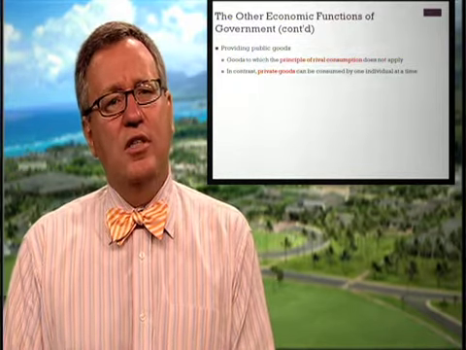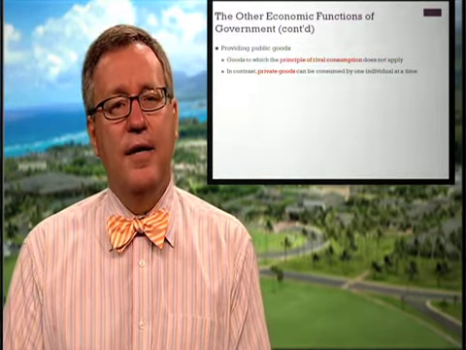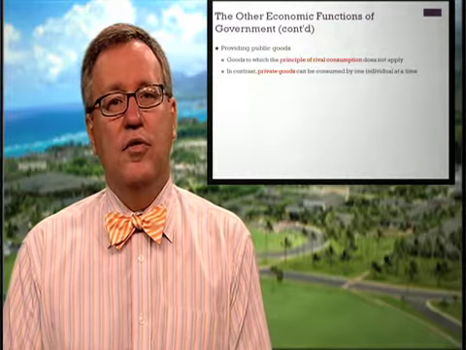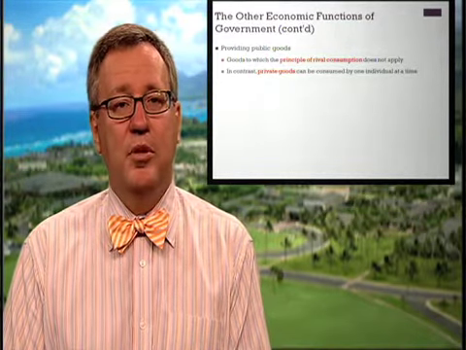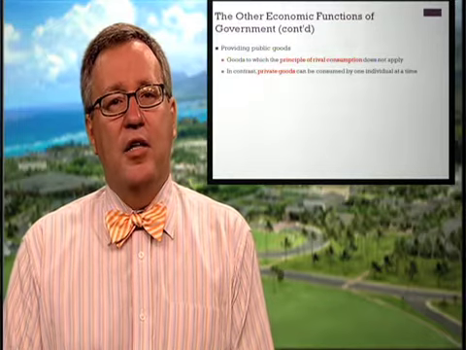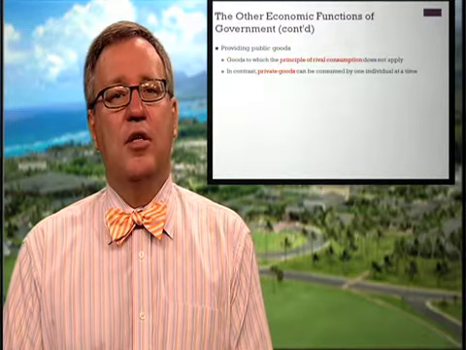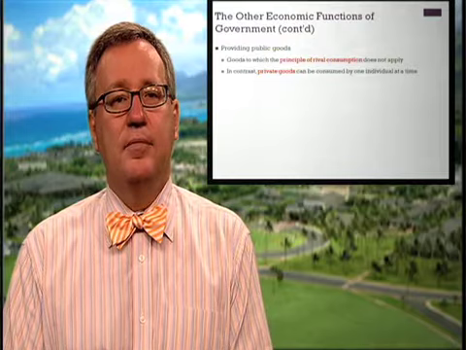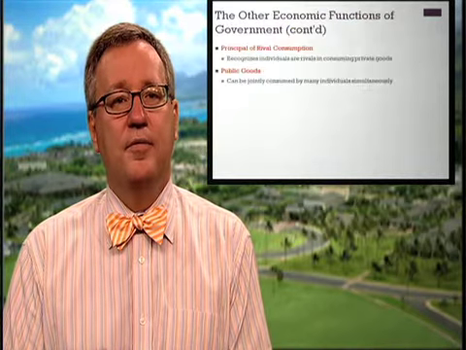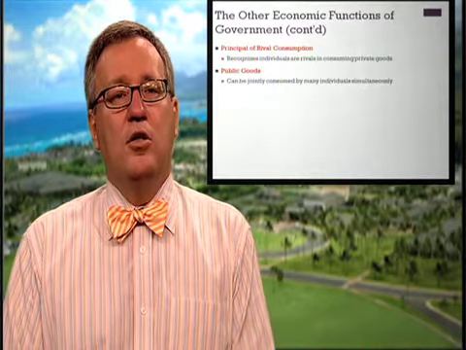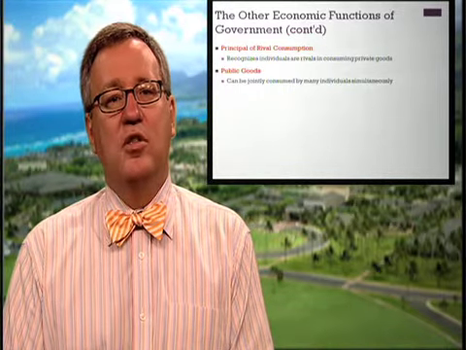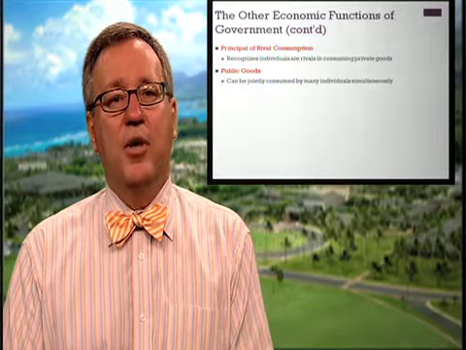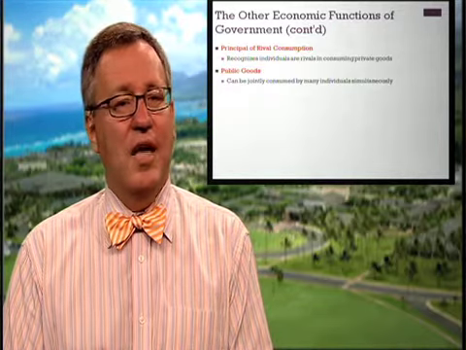So anytime rival consumption does not apply, that particular good or service could be provided by the government and could possibly be a public good. By contrast, private goods can be consumed by one individual at a time and not be consumed by the other. So the principle of rival consumption is a critical element of all public goods discussions. Public goods can be jointly consumed by many individuals simultaneously.